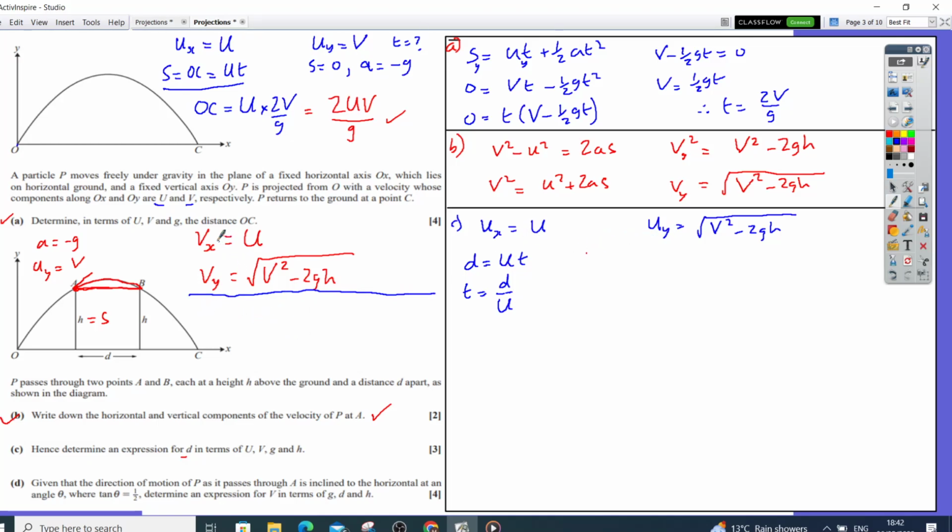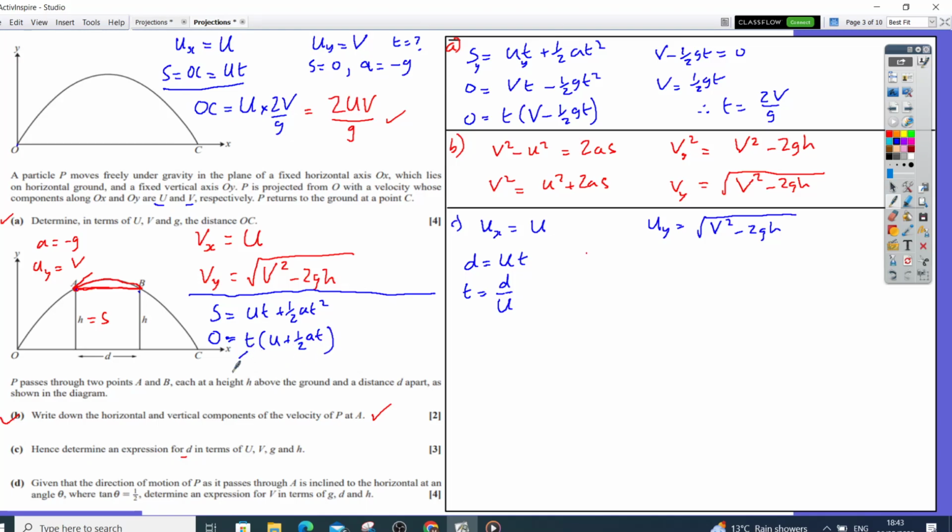Okay, so we know that these are the components, and we're going to use the formula s equals ut plus half at squared, and we know that s is going to be 0, because we're going to go from there to there, come back on itself. We can factorize the t, and we've got t times initial velocity plus half a t.